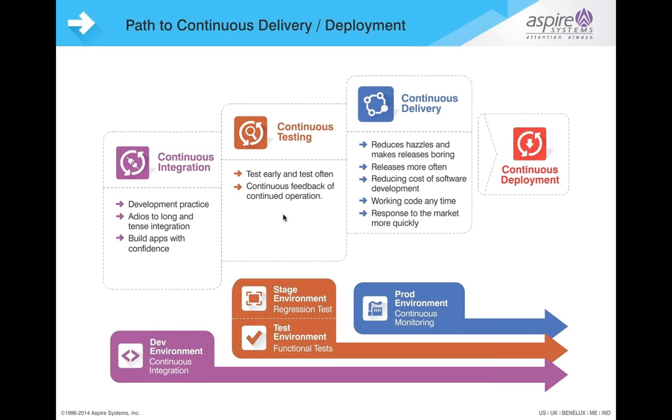The continuous integration stack is taken care of by the developers from top to bottom. When we talk about Git, SVN, and Mercurial, those are used for pushing the code into the centralized repository.